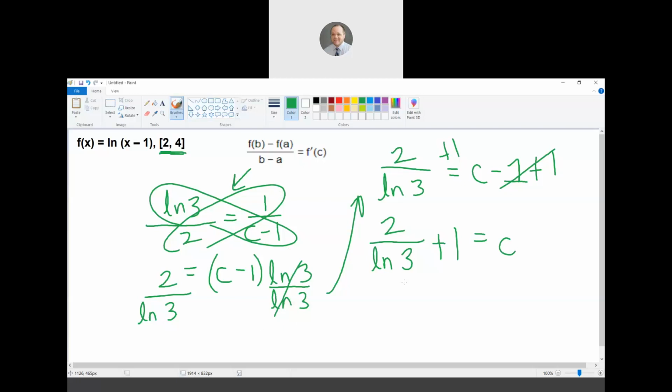As a decimal, this is roughly 2.82. And that is in between 2 and 4. So we have satisfied the conditions of our mean value theorem.